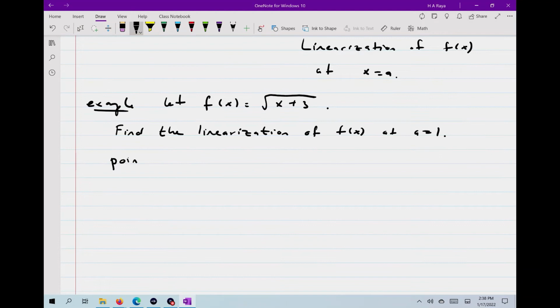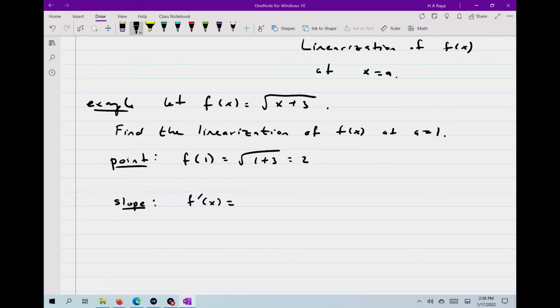For your point, you're looking at what you get for our function when we plug in 1, and f of 1 is simply going to be the square root of 4, or 2. For our slope, first we need to find the derivative of our function f of x.